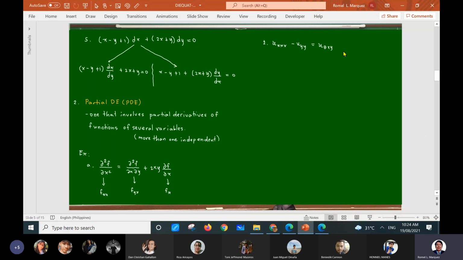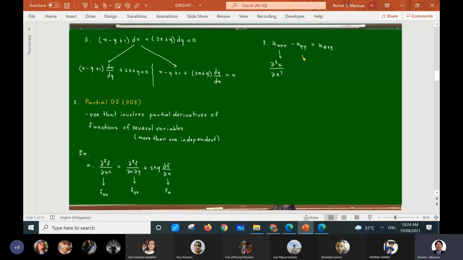So this is another partial differential equation, because this involves partial derivatives. In del notation, how do we write this? The third partial derivative of u with respect to x. Look at how I write x with superscript 3; it doesn't mean it is an exponent. What about the second one?